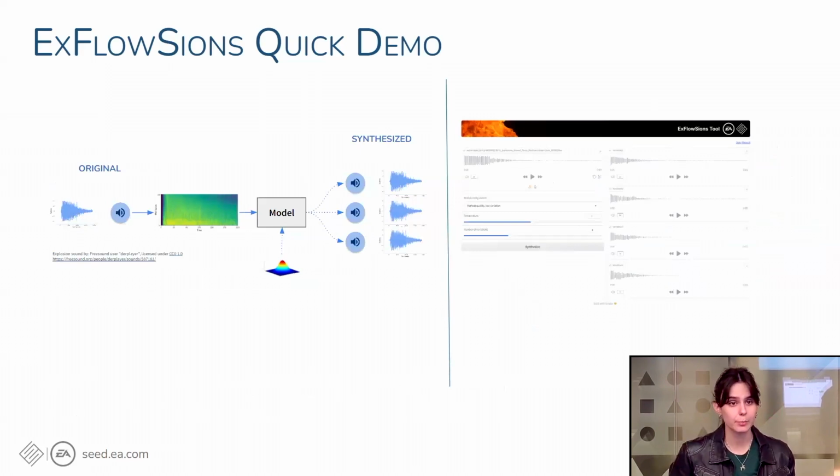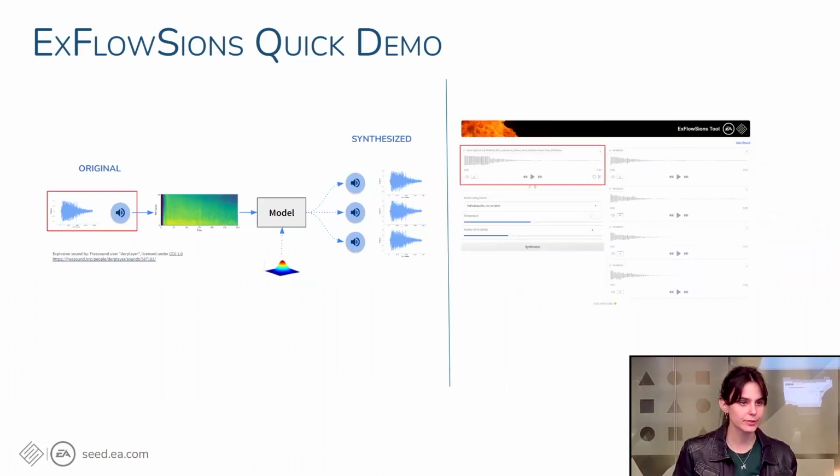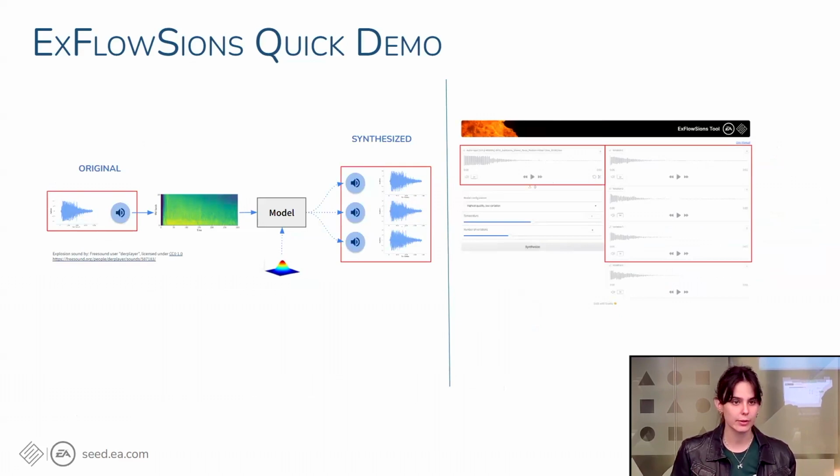And here is a sneak peek of our tool. As you can see, it's not that different from this diagram that we showed during the conference, where we have here our input sound, our output, or the variations generated by the model, and the model itself.